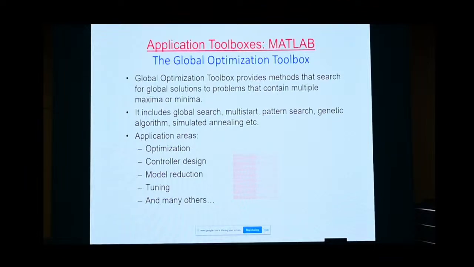It includes global search, multi-start, pattern search, genetic algorithm, simulated annealing, even PSO, and many other methods. You can use any one method to solve your problem, or you can apply all the methods and conclude which is the best method for your problem. This can be applied to any optimization problem, controller design, model order reduction, tuning, and many other problems.